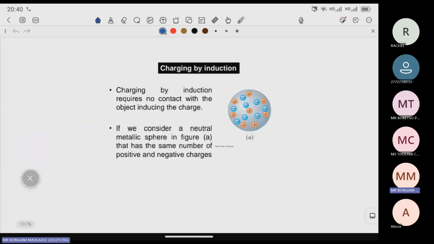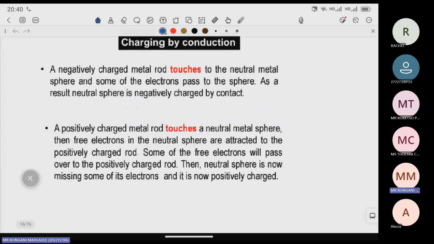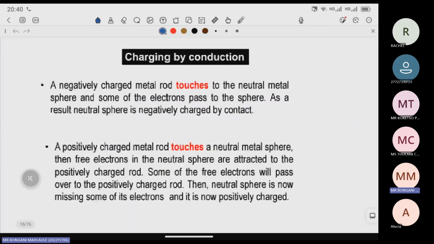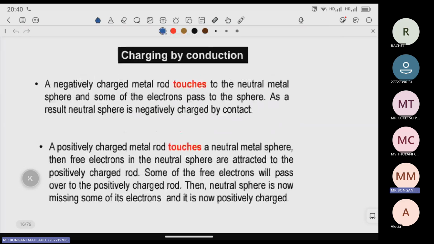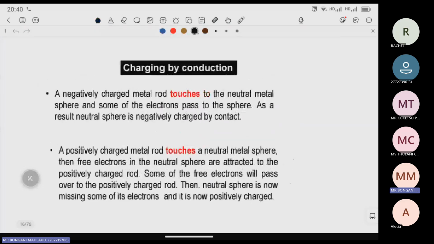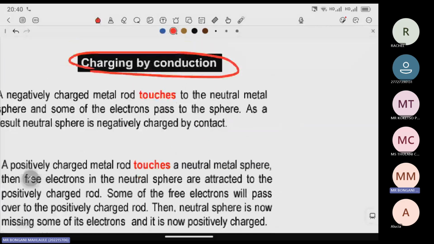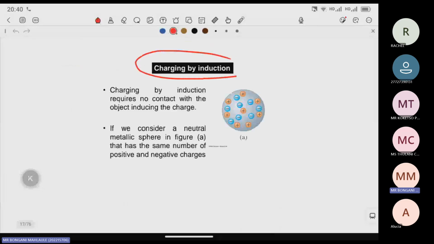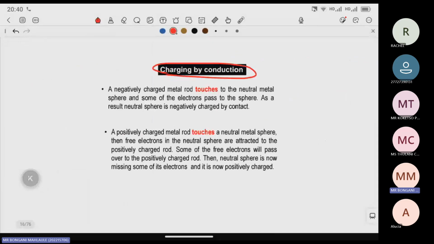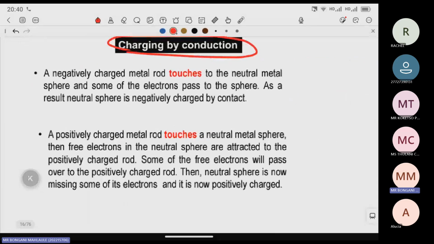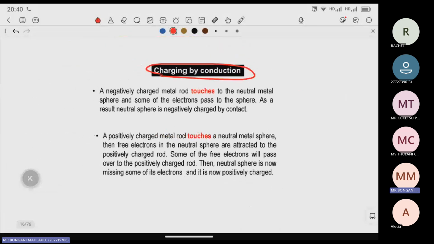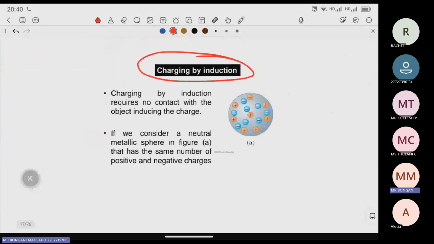Let me see if there is a diagram for conduction. For conduction, they didn't write one. Here you just have to understand the difference between charging by conduction and charging by induction. I think the difference lies in whether the two materials are going to touch each other or not.